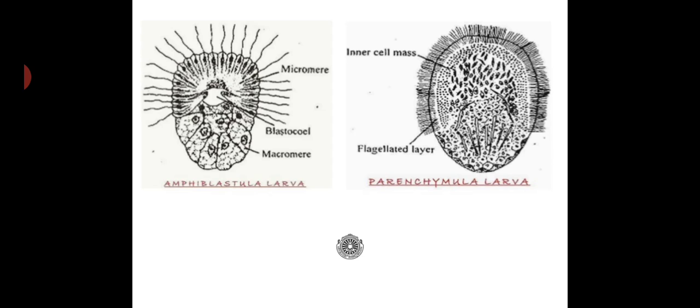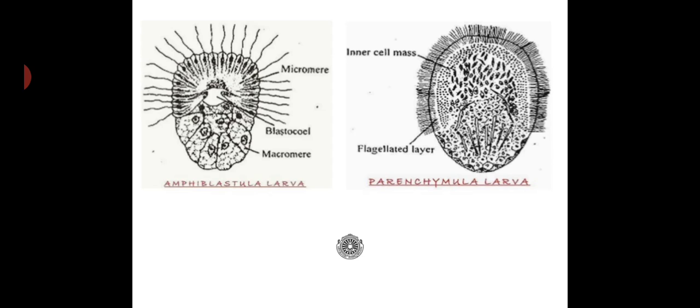The two main larval stages, one is amphiblastula larva, another is parenchymula larva, the details of which I already explained to you. So in the amphiblastula larva, they have micromeres and macromeres, just like the blastula of a higher animal, and in the center there will be a cavity called blastocoel, and on the periphery of the upper part of this amphiblastula larva you come across some cilia-like or flagella-like projections, and it is going to swim for a short while and then it settles down and develops into a new sponge.